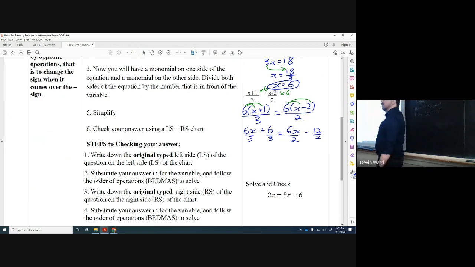Now we can just divide all our numbers together. So 6 divided by 3 is 2, good. Then we still have the x there, it'll be 2x, plus 6 divided by 3 again, gives us another 2. 6 divided by 2 will be 3, and it still has x. 12 divided by 2 is going to be negative 6. Negative 6, because we have the negative there, so it just stays there.